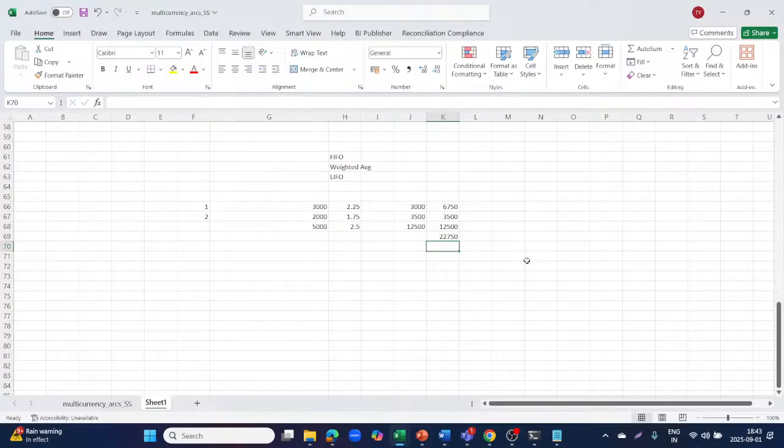In this case this is your ending inventory, and cost of goods sold is 6750. That means whatever is the cost of goods sold, that will be 6750. If you total all your cost, so that's your cost. So ending inventory is now 16000.